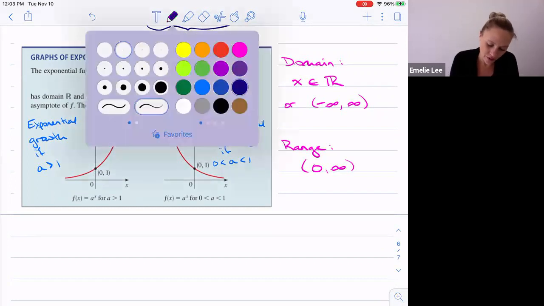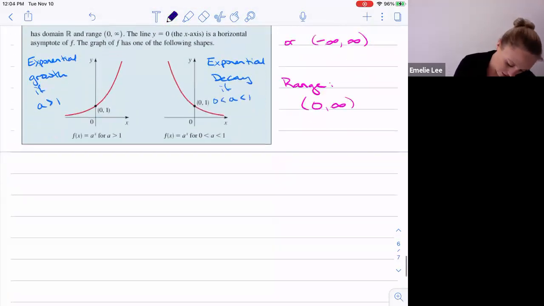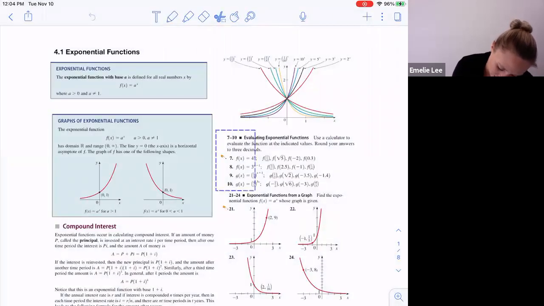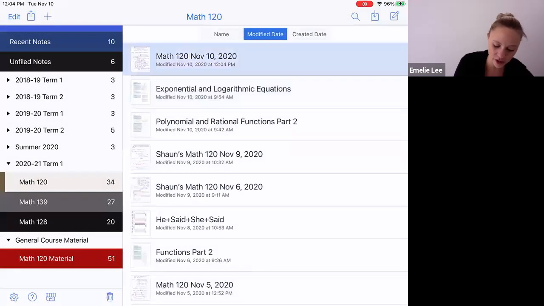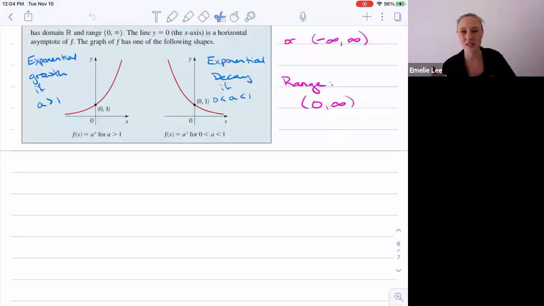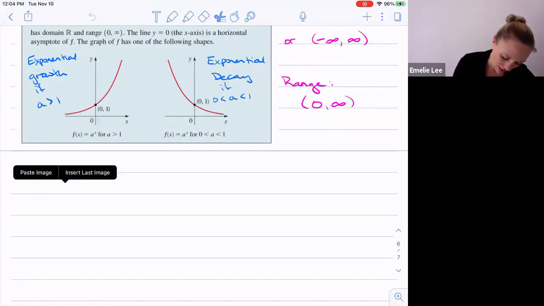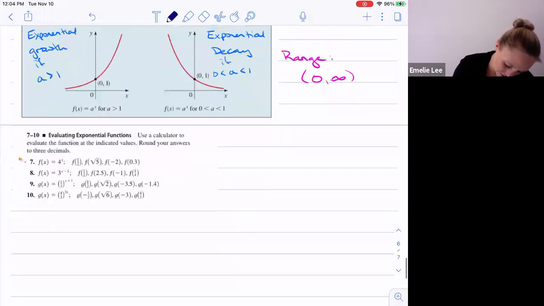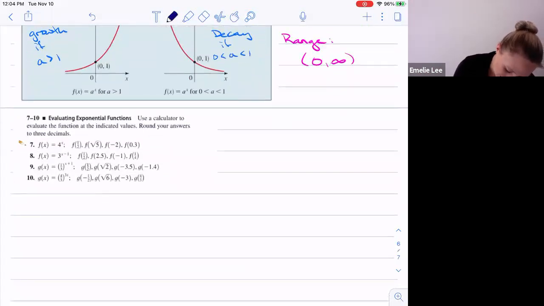Let's just do a quick example, and I am stealing it from here, so I guess I'll show it. I don't want to do a ton of these. I just want to make sure that whatever you're using as your calculator, it's behaving the right way.